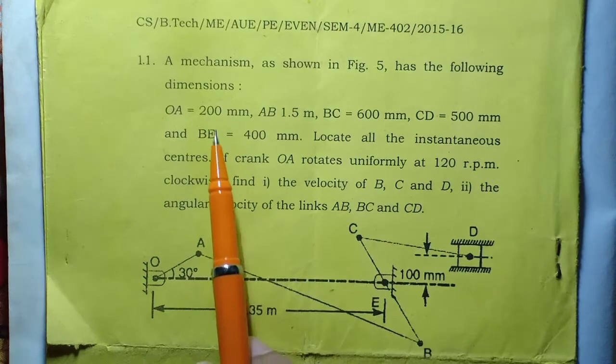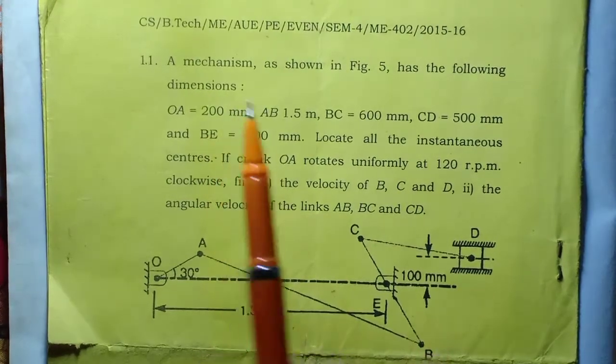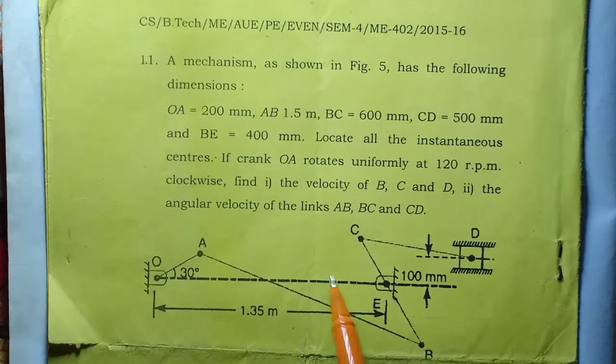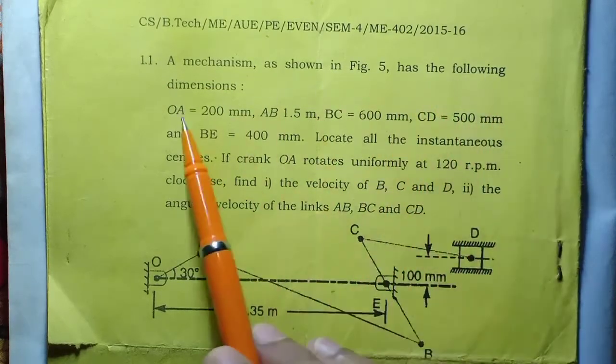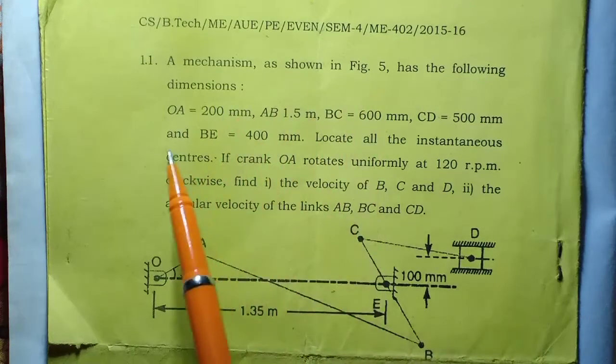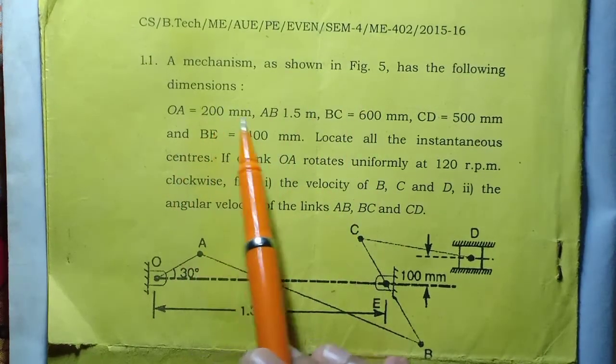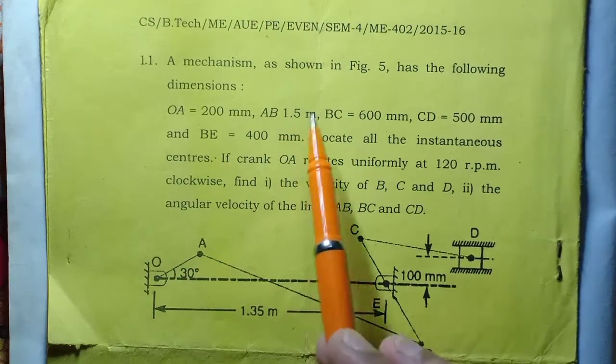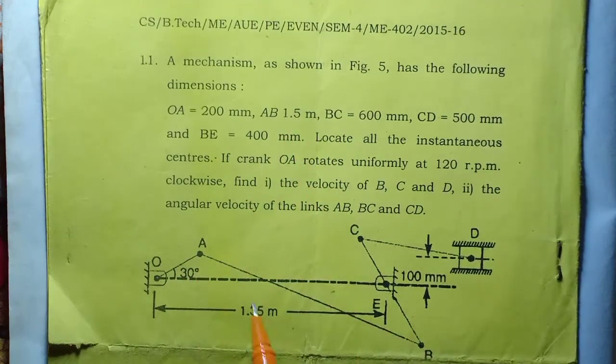As you can see, a mechanism as shown in figure 5 has the following dimensions. OA is 200 mm, AB is 1.5 meter, BC is 600 mm.